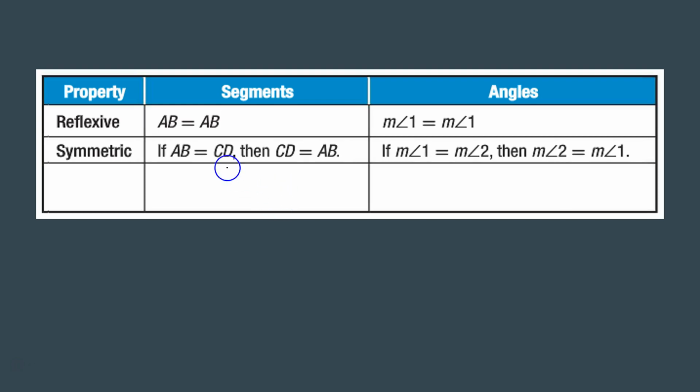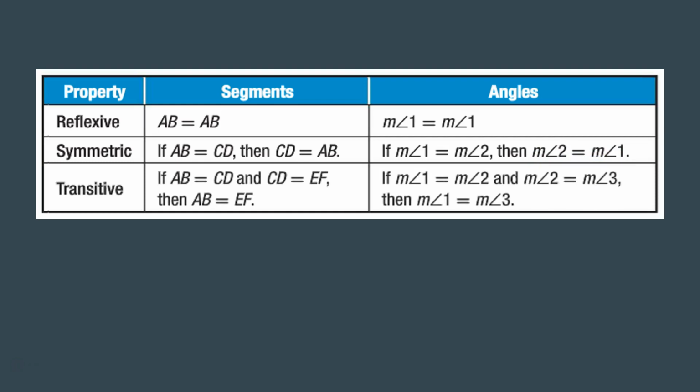Symmetric property: if AB is equal to CD, then CD is equal to AB. So same thing as we talked about before, except now we have angles and segments. These two are equal to each other, so we can flip the order as well.